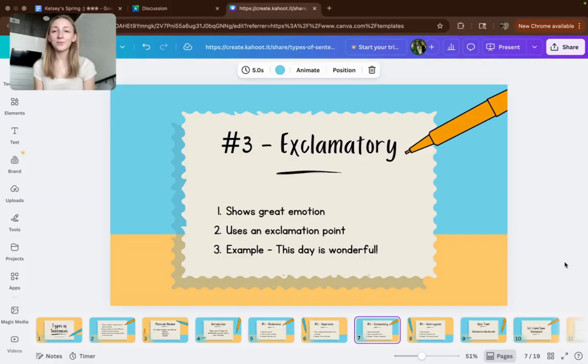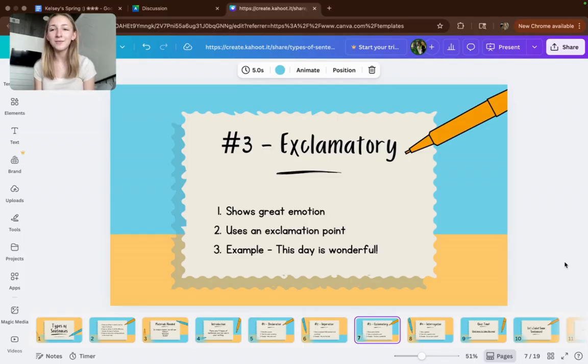All right, the third one we're talking about is exclamatory. This type of sentence shows great emotion and uses an exclamation point. And one thing that helps me remember what type of sentence this is, because the word is exclamatory, it reminds me of the word exclaim.